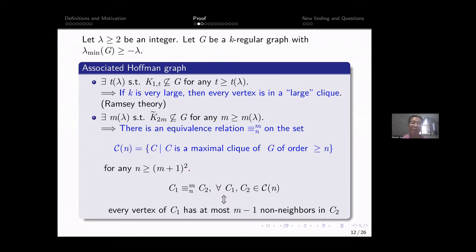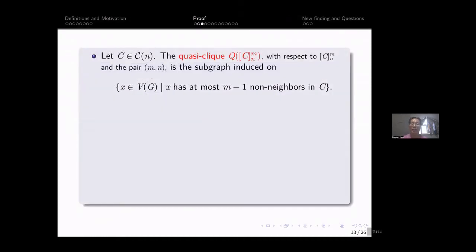We knew that for cliques in the same equivalence class, it's very dense because each has only few non-neighbors in another big clique. So we can do more steps to define this dense graph.